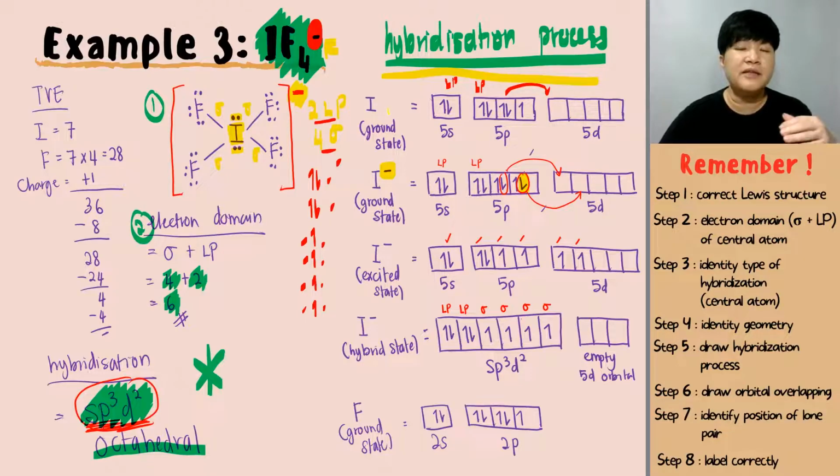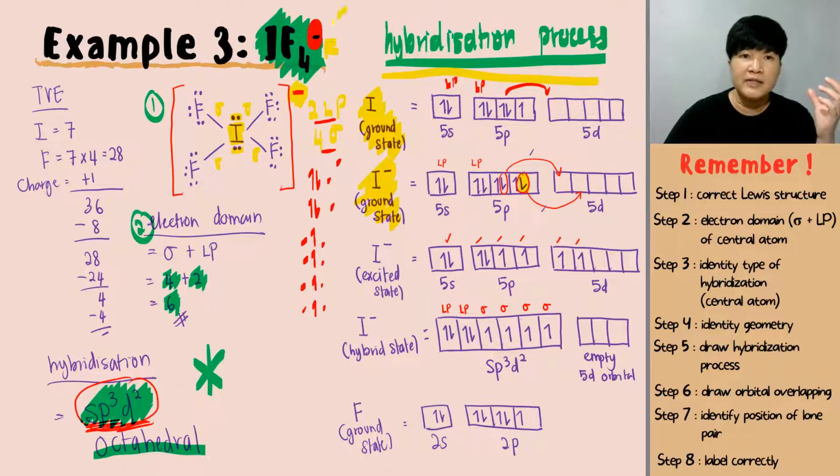I think the main difference from all the examples previously is your I ground state having an extra electron because we are changing from the neutral I to your I minus. So bear that in mind, whenever it's a minus, you need to check your central atom. Okay? So if it's a minus, then we will add in electrons compared to your neutral atom because it's a negative charge.